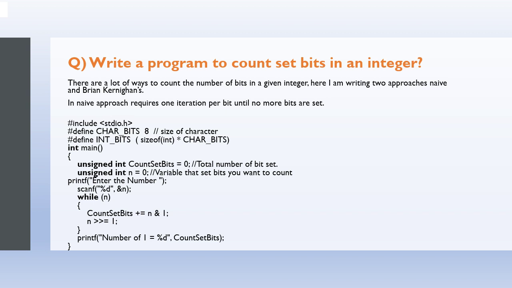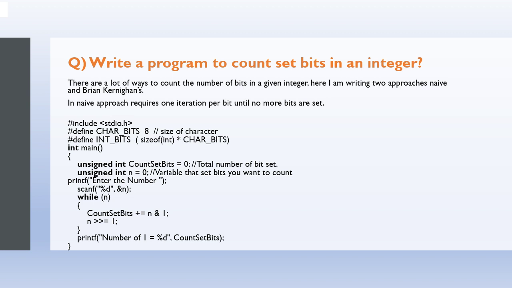Then while n, count set bits plus equals n AND 1, n right shift equals 1, and printf number of 1s equals %d. So here it keeps on right shifting and keeps on giving the count, ANDing with 1. So the number of ones can be printed with count set bits.